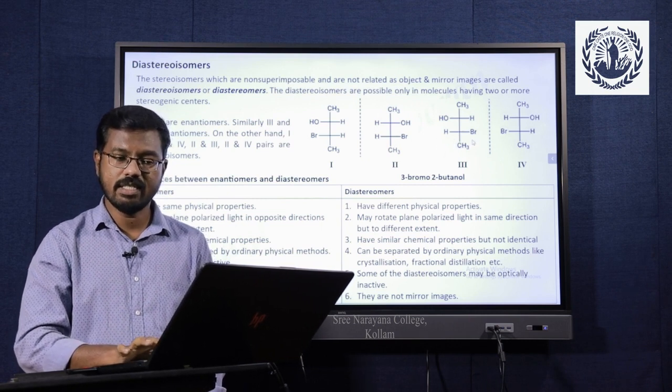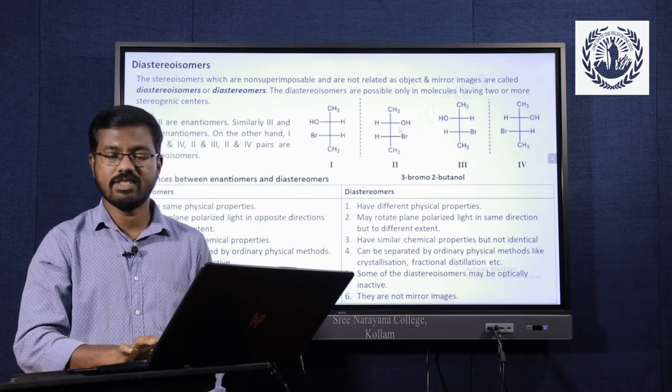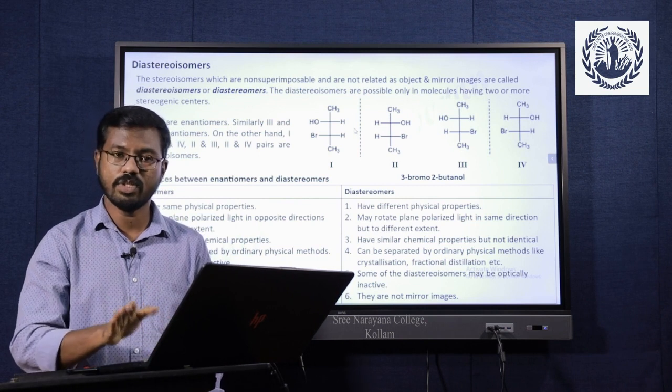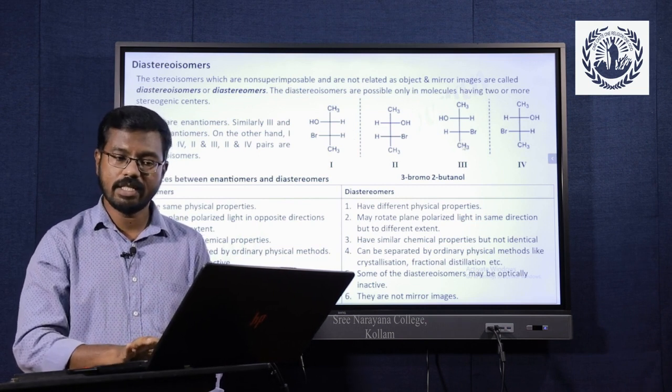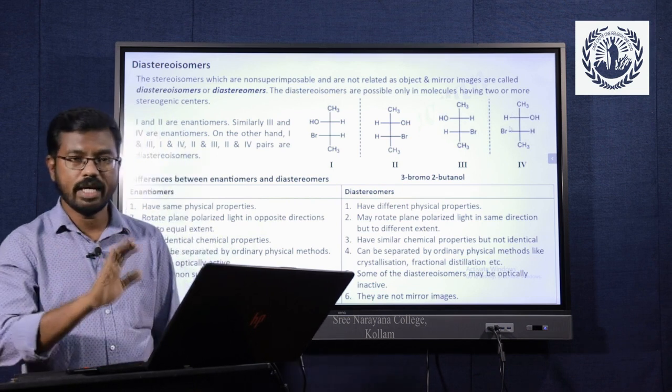Similarly, the third structure, its mirror image is the fourth one. So, the first and second structures are enantiomers because they are non-superimposable mirror images. And similarly, 3 and 4 are also non-superimposable mirror images. So, they are also enantiomers.